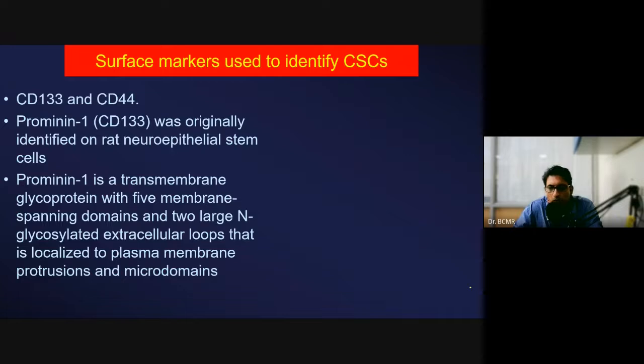Okay. So over the years, people have tried to take different types of tumors and isolate cancer stem cells. Remember this, from tumors to getting a single cell suspension is easy, right?